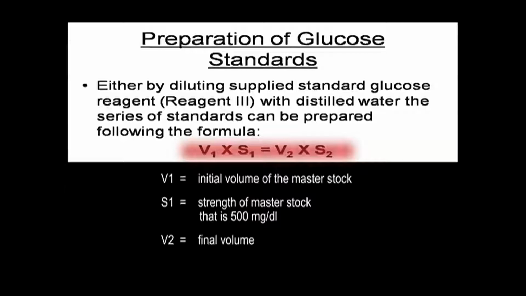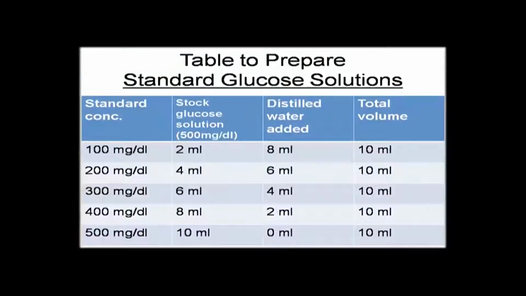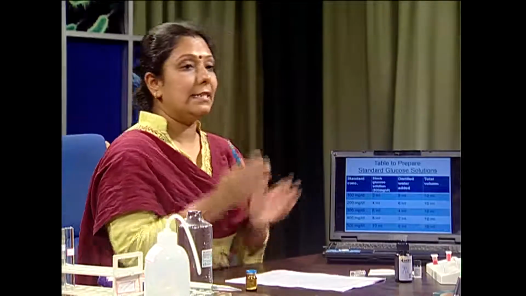V2 is the final volume and S2 is the final strength to be made. You can follow this table, which will help you make the different series of dilution like 100, 200, 300, 400 as well as the master stock. We can dilute them by mixing with water. So the series of glucose standards can either be made, or directly one standard can be used here.